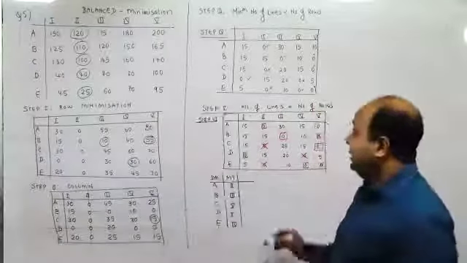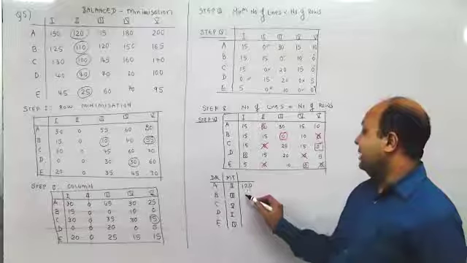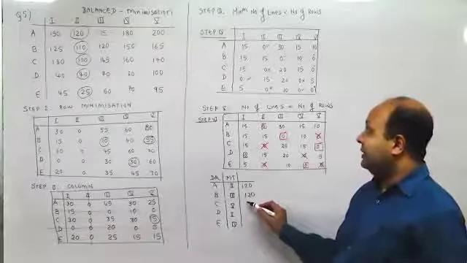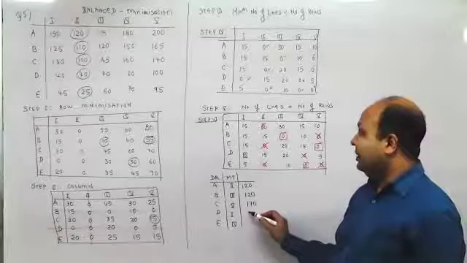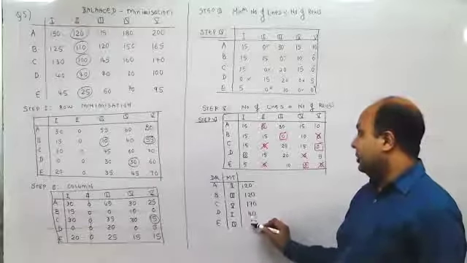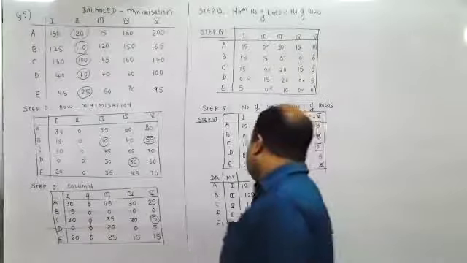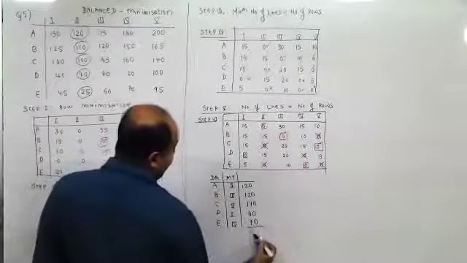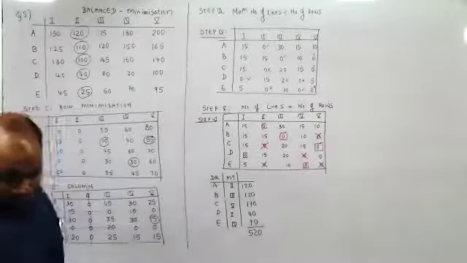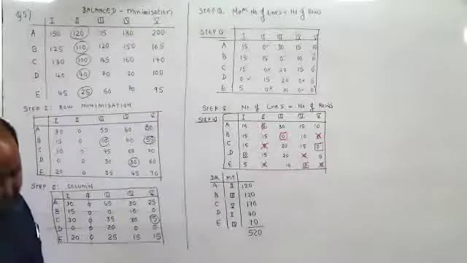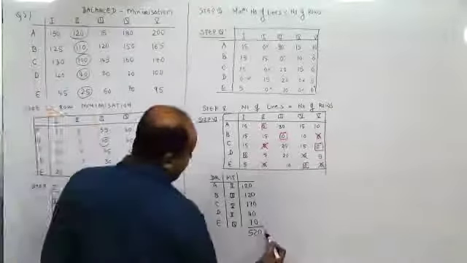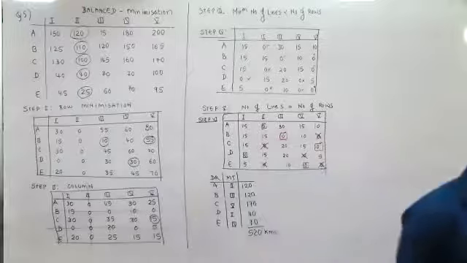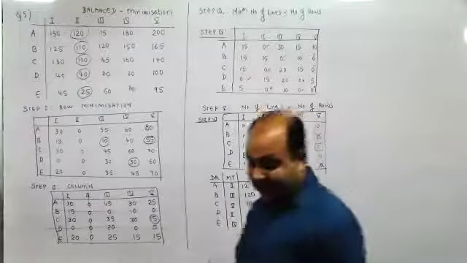So for AN2 it is 120, for BN3 it is 120, for CN5 it is 170, for DN1 it is 40, EN4 it is 70, 240 plus 170 is 410, 450, 520. Is it correct? Yes, sir. So 520 kilometers is the minimum distance to be traveled. This is all about assignment. Now we move on to sequence.